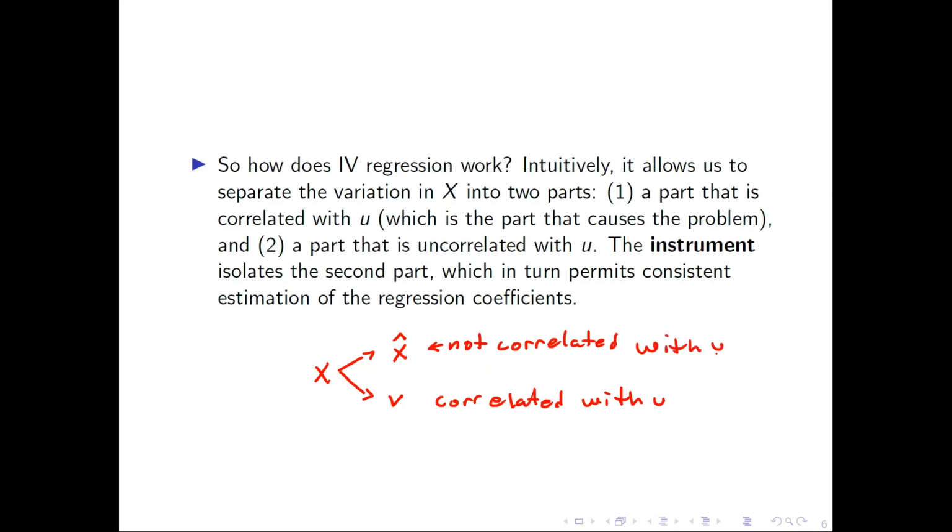To do this, we need the instrument, and the instrument is just a variable. By doing this, we can use the part which is not correlated with u in our following analysis, and get an unbiased estimate of the causal effect of x on y.